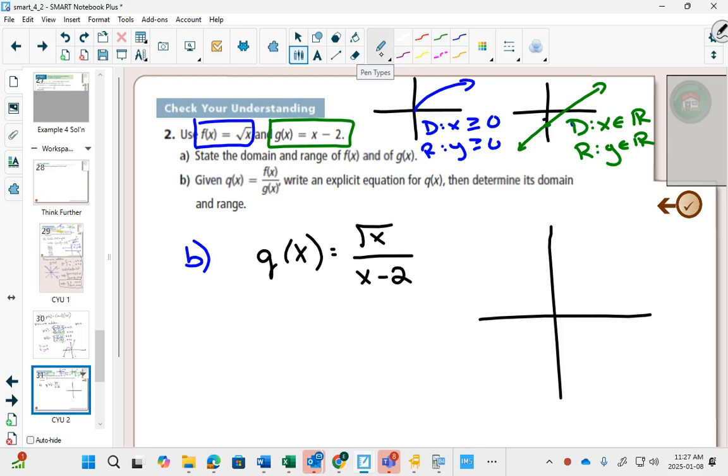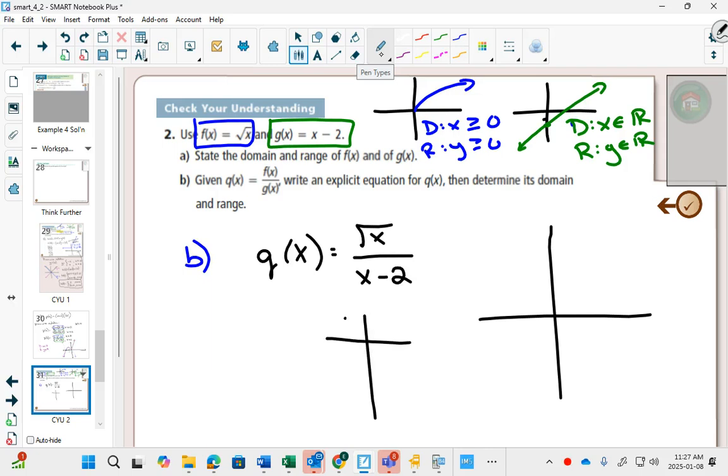Okay? So something that we learned from yesterday. If you're dividing graphs, multiplying graphs, adding graphs, subtracting graphs, both graphs have to exist in order for your new graph to exist. Can you see that anything negative is going to be bad?